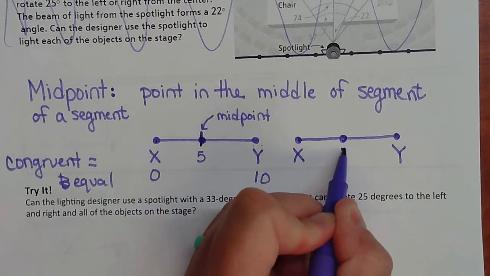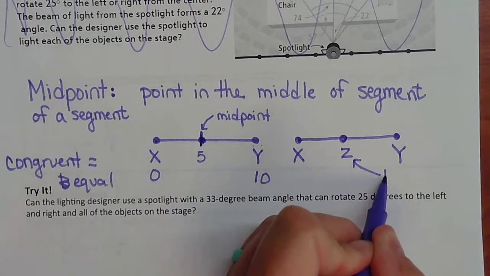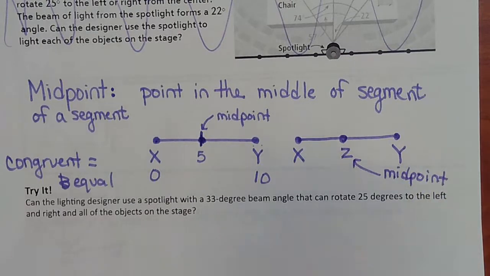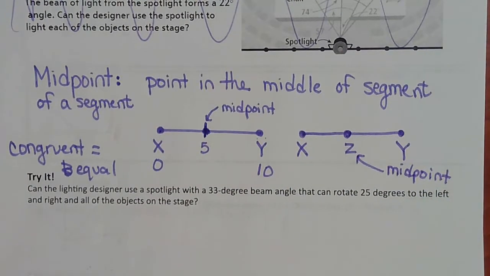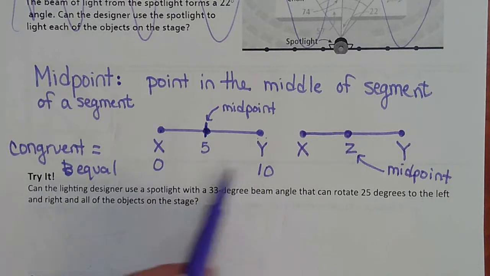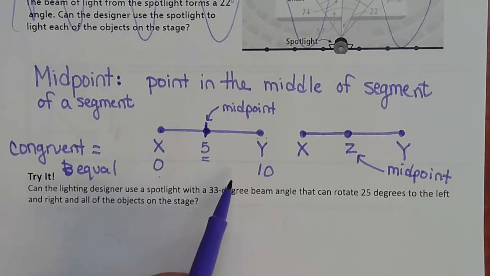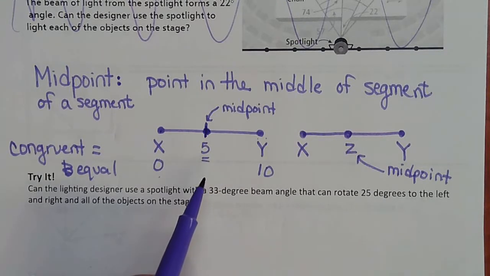How they notate that or how they show that on a segment, if this is X, Y, and then if this is your midpoint, Z, they do have some little notations. And if we don't have numbers here, like 0, 5, and 10, we know that 5 is in the middle of 0 and 10. If we don't have any numbers, which today you're going to have some variables, they're coming back a little bit, bring back that algebra.